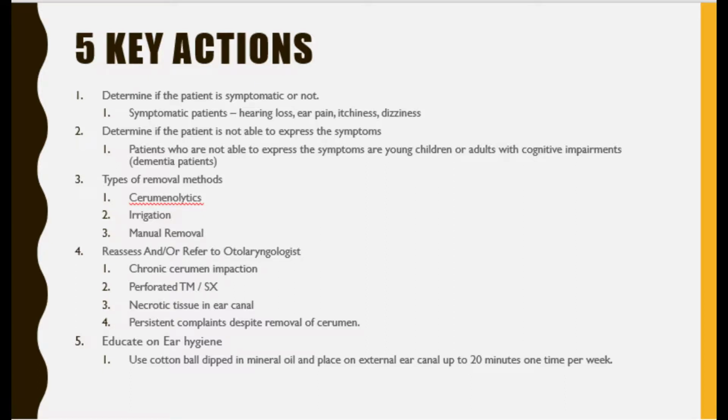You want to refer patients with chronic cerumen impactions, people who are constantly getting them, a perforated tympanic membrane, necrotic tissue in the ear canal, or patients who are constantly having complaints even after the cerumen was removed. You also want to educate these patients on how to keep the ear clean. One of the methods on the website in the journal was to use a cotton ball dipped in mineral oil and place it on the external ear canal for up to 20 minutes, and you would do this 1 time per week.